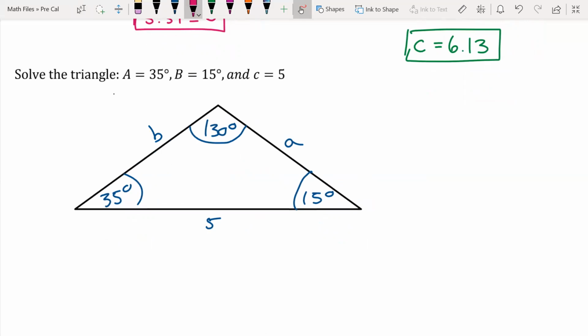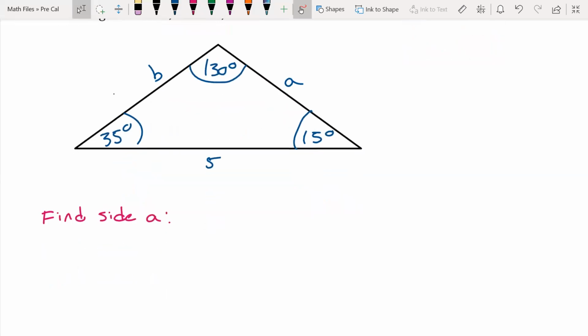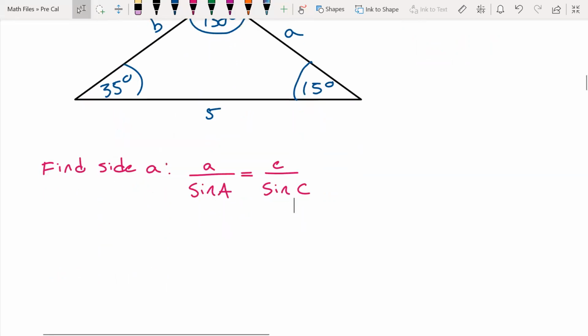So first step is find side A. Why not? Find side A. And of course, we can use A over the sine of A. And the only complete piece of information we have is side C over sine of angle C. And of course, you can even make more formulas from these formulas.